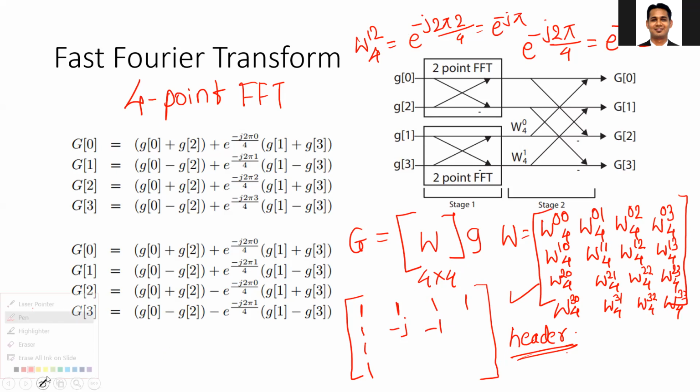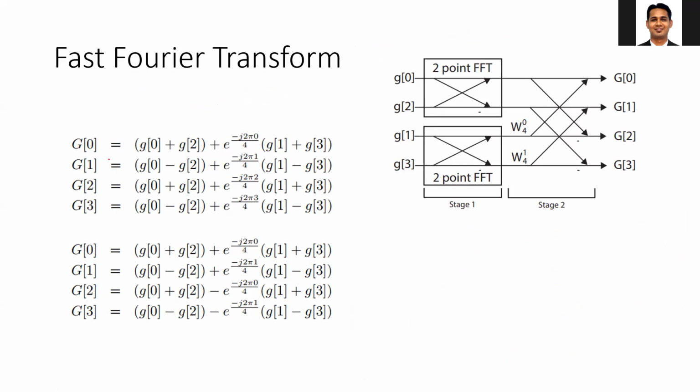So now, if this is clear, then you can see that I can form the 4 equations for G0, G1, G2, G3 by doing this matrix calculation. And then you can see that I can represent this e raised to minus j 2 pi times 2 divided by 4, that is equal to e raised to minus j pi.